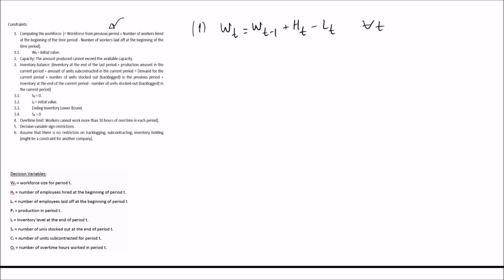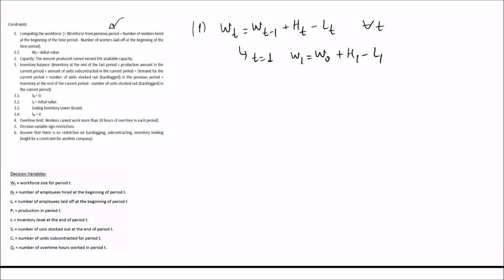So what this means is the number of workers in period T is equal to the number of workers from previous period and the number of workers I hired in this period minus number of employees we laid off in this period. So for period 1, for example, you can write it down as W1 is equal to W0 plus H1 minus L1.